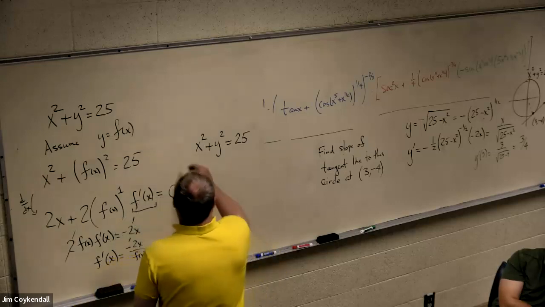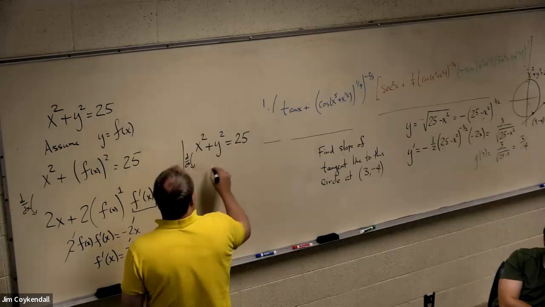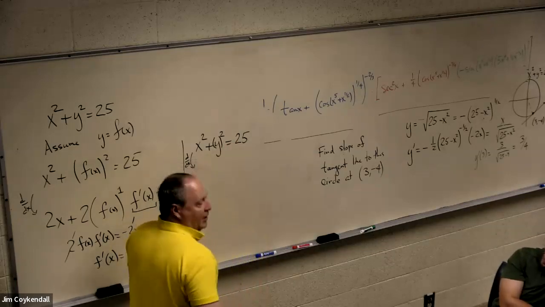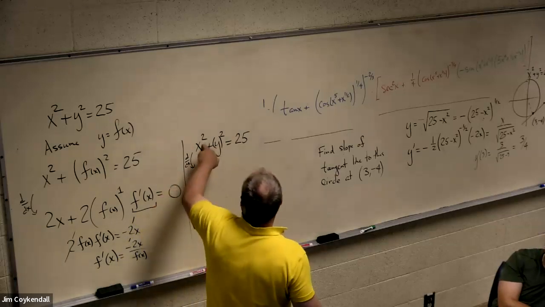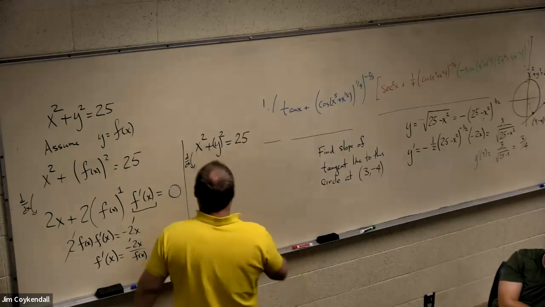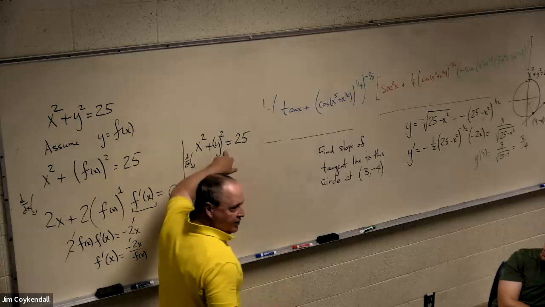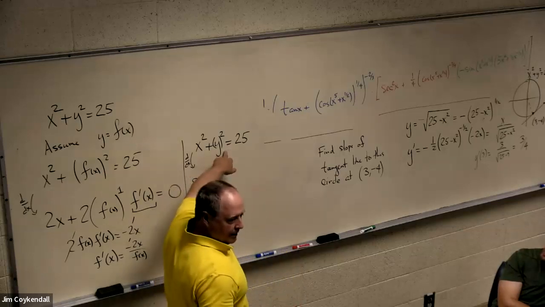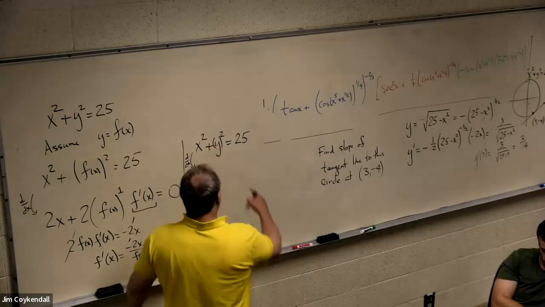I'm going to do this in parallel over here. Let me, for instance, put that y. What is the derivative of x squared with respect to x? Same thing. What do I have to do here? Well, y is not x, y is a function, so this is a chain rule.